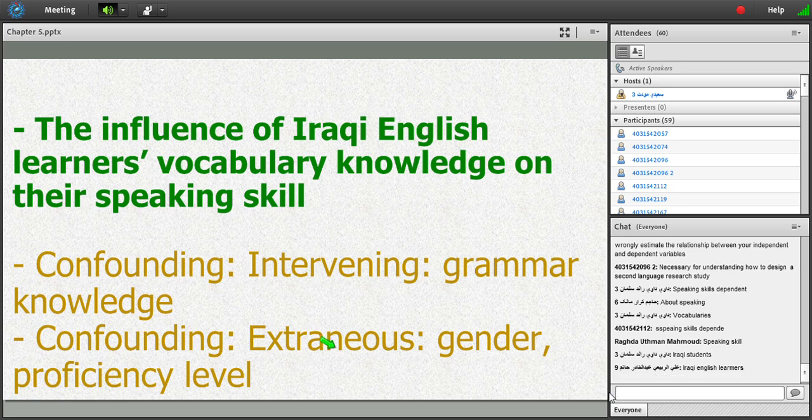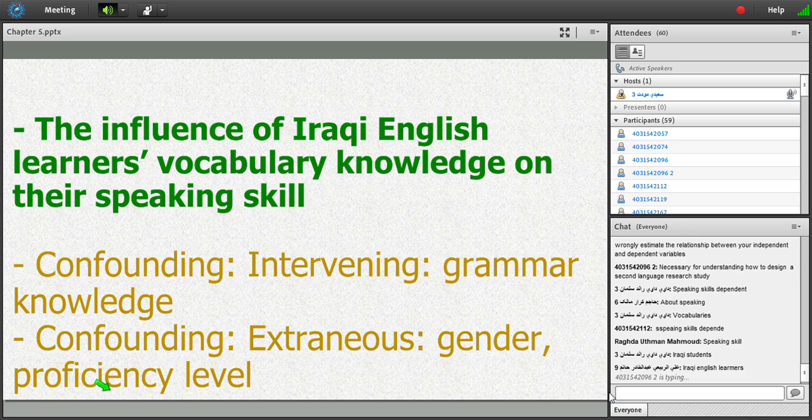Or we can have extraneous factor like gender, like proficiency level. We may control it. For example, we know grammar knowledge can influence the speaking skill, but proficiency level is more important. If we do not consider proficiency level, we can't say that vocabulary knowledge influences the speaking skill. Maybe it is the proficiency level of the learners that influence the speaking skill.